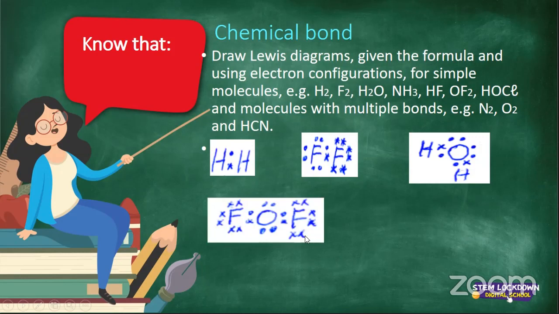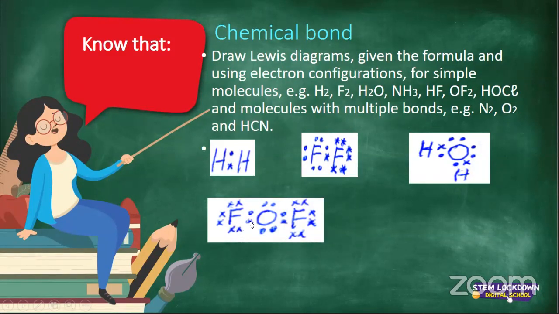Right. So let's consider OF2. Here you can see that there are 2 fluorine atoms and 1 oxygen atom. Around the oxygen atom are 2, 4, 6, 8 electrons.